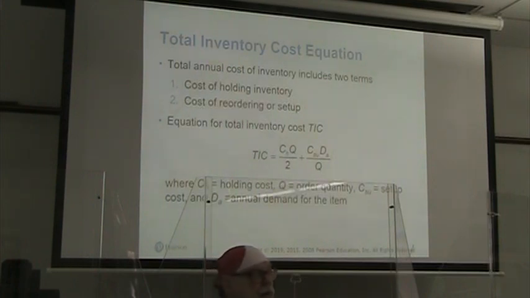All right, so our total inventory cost equation, the total annual cost of inventory, we have two terms: the cost of holding the inventory and the cost of reordering or setup.